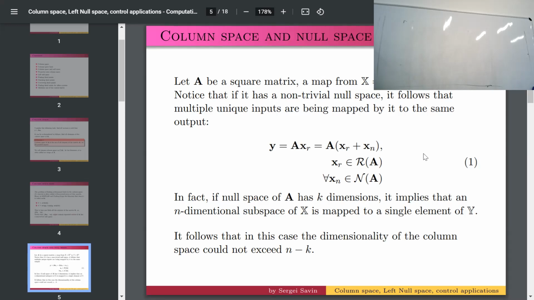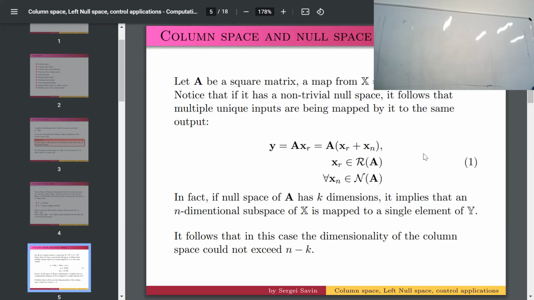Well, that means that the dimension of the output space cannot be the same as the dimension of the input space. Let's say your operator was mapping you from R^n to R^n. If you have a k-dimensional null space, it means that a k-dimensional subspace is being mapped to a single point. So you cannot expect more than an n minus k dimensional output space, right?